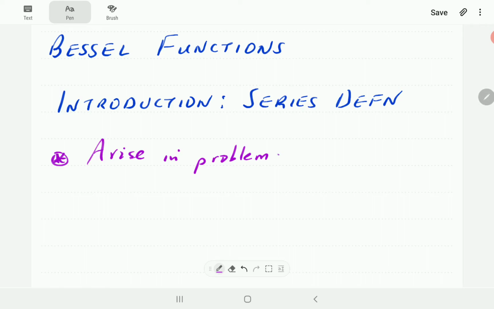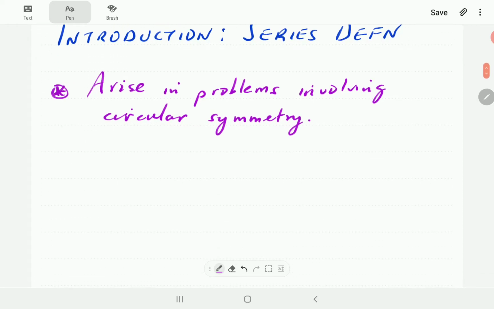So they arise in problems involving circular symmetry. Okay, we are going to derive them from the ODE, which is called the Bessel ODE.